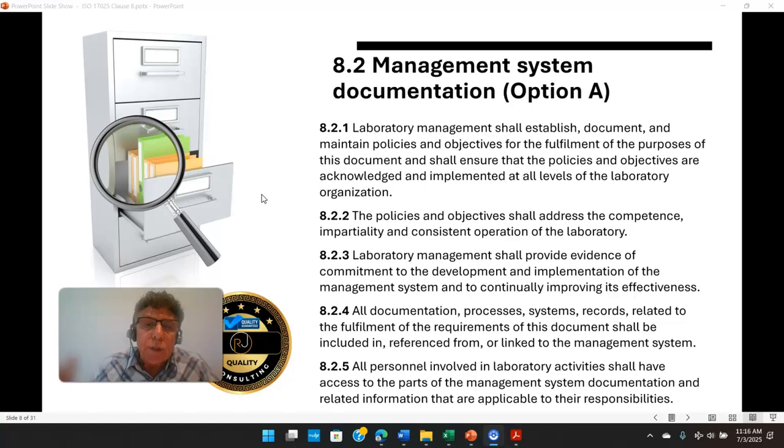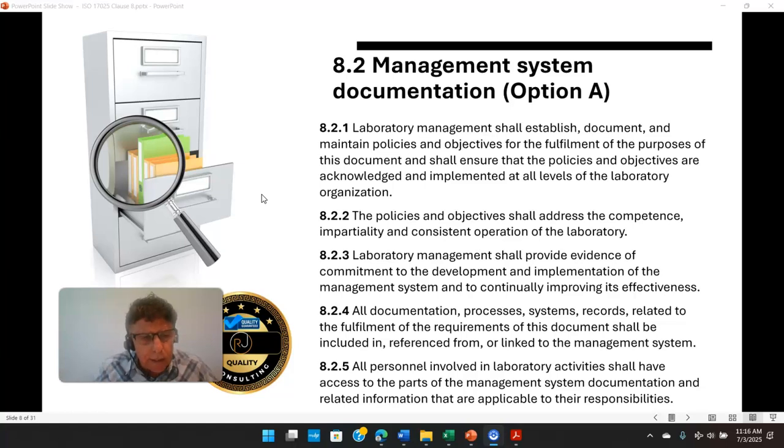The laboratory management shall provide evidence of its commitment to the development and implementation of the management system and to continually improve its effectiveness. And then 8.2.4, all documentation, processes, systems, and records related to the fulfillment of the requirements of this document, again 17025, shall be included, referenced from, or linked to the management system.